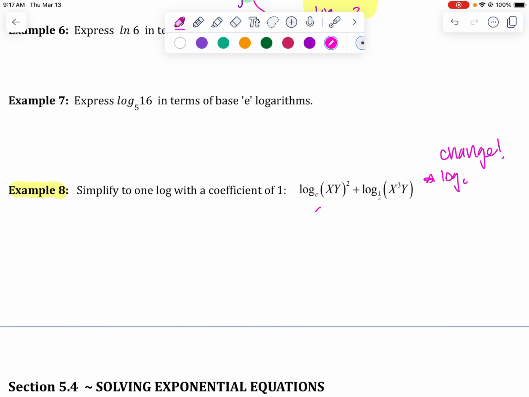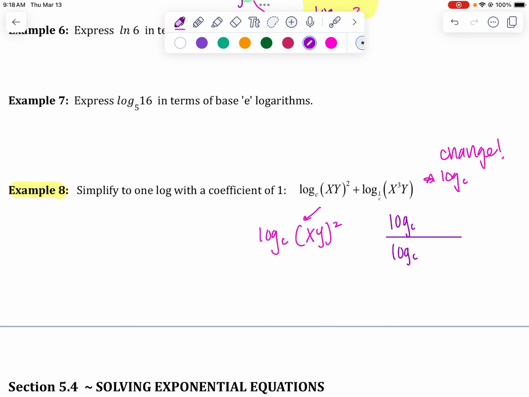So the first one stays the same. This becomes log base c of xy quantity squared. It's the second logarithm that we have to go in and change. So I'm going to go ahead and use the change of base formula. I know I want to get log base c both on the top and the bottom.